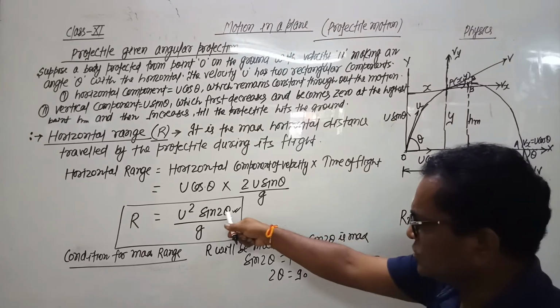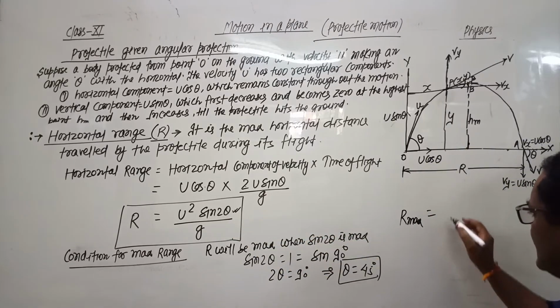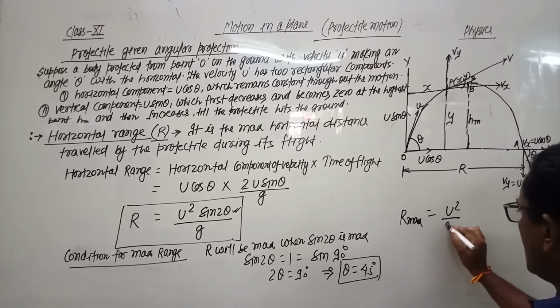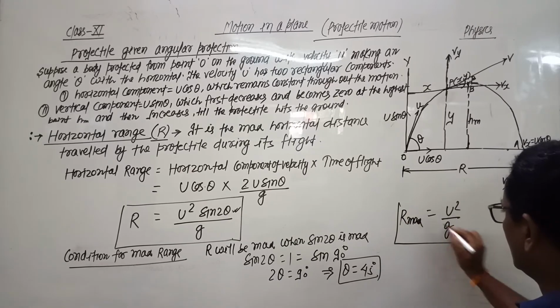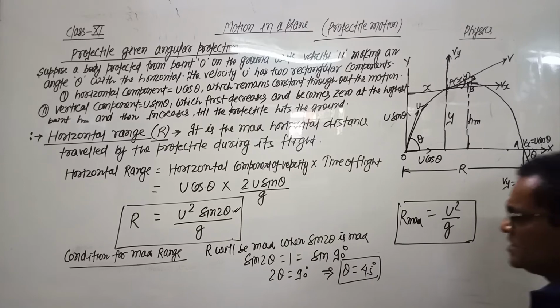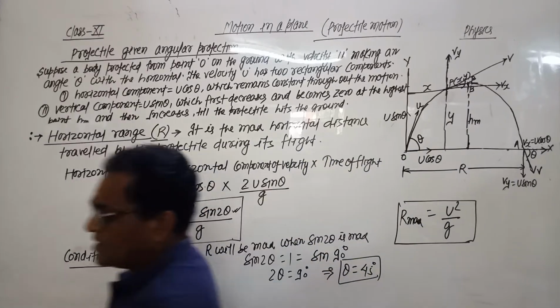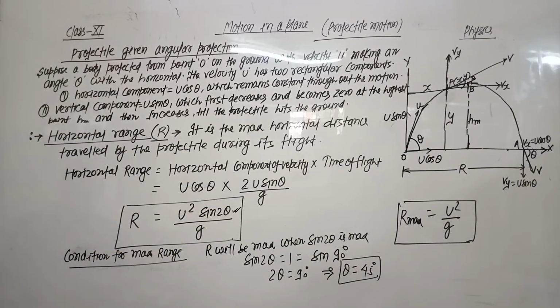And sin 2 theta, 2 into 45, 90, sin 90 becomes 1. So the formula for maximum range is R maximum equals u square upon g.